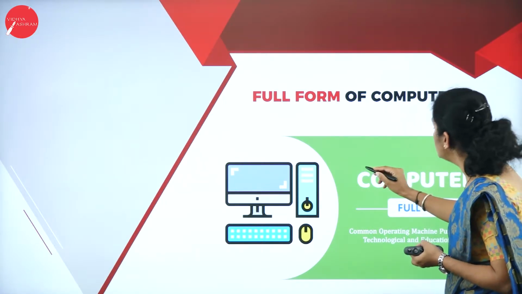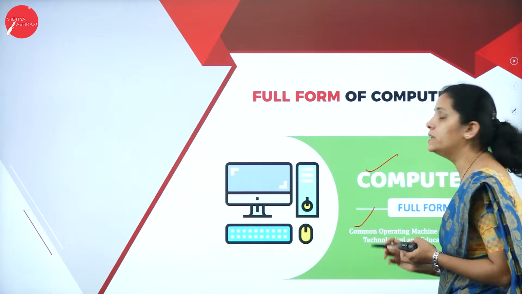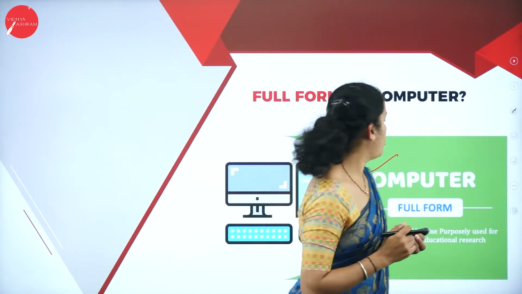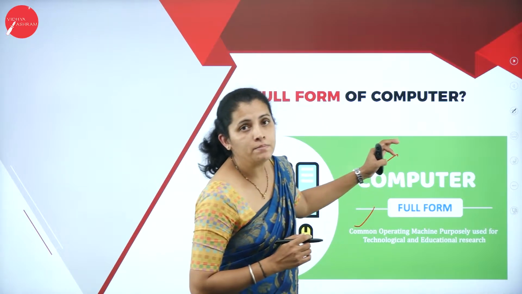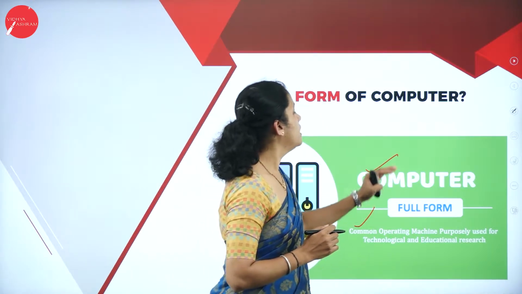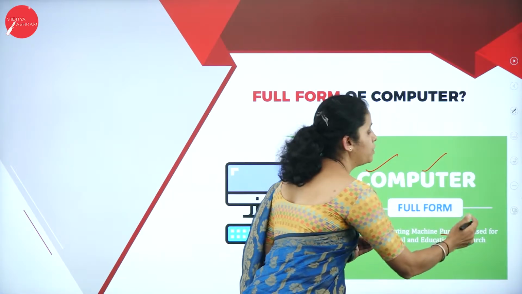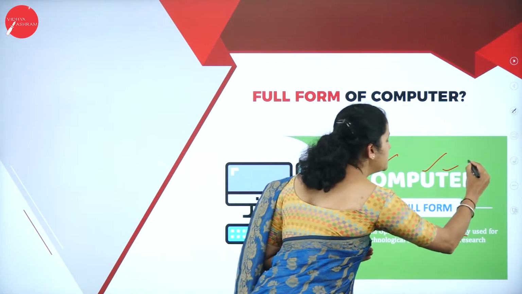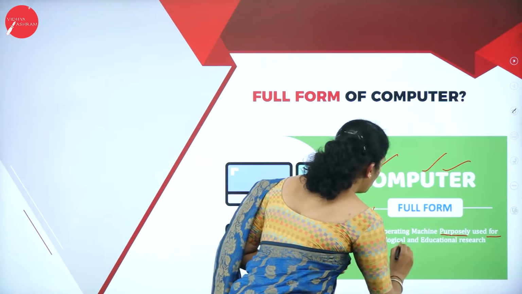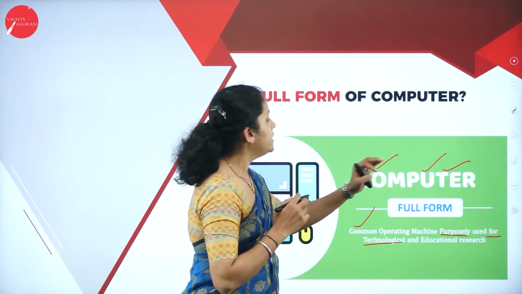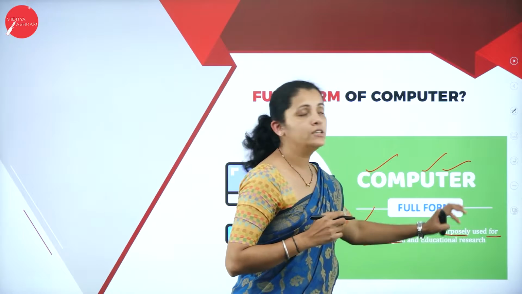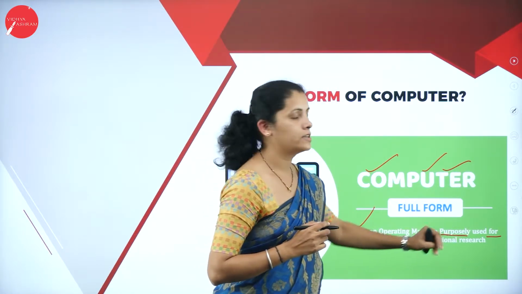So here C stands for common, O stands for operating, M stands for machine, P stands for purposefully, U stands for used, T stands for technological, E stands for educational, and R stands for research.